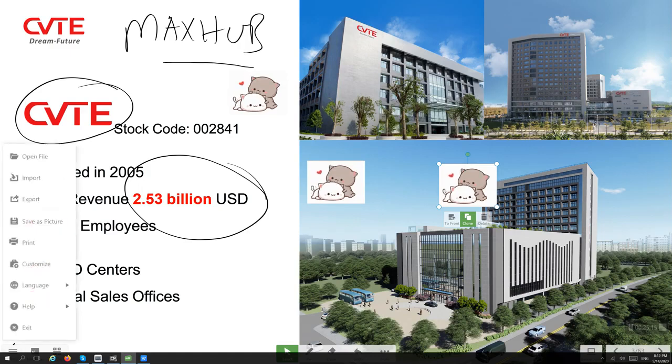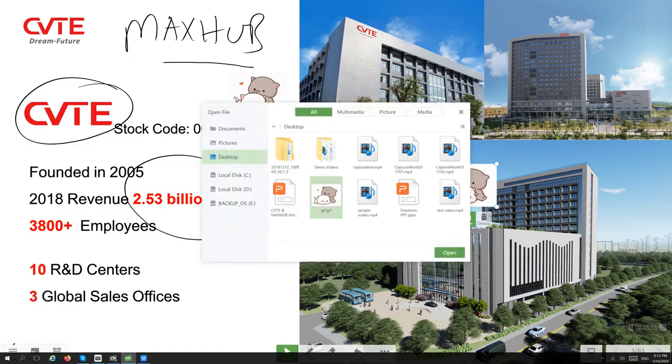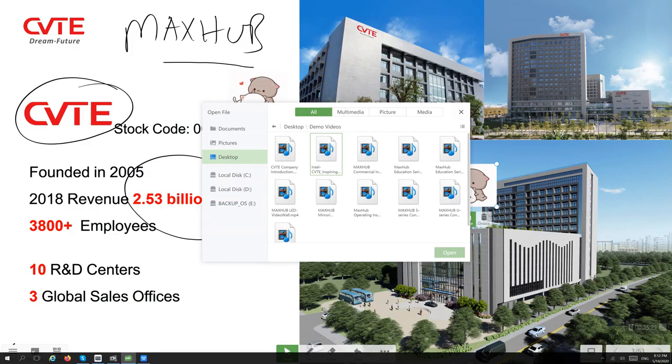Okay, and if you want to import a video, for example, a PPT is going on related to that and you want to showcase some video, you simply open a file and select one video file. I'm just selecting a sample video now. I'm clicking on the open button.